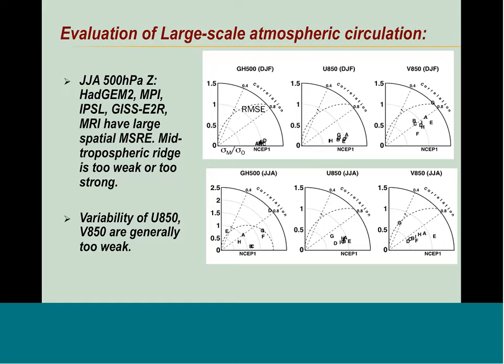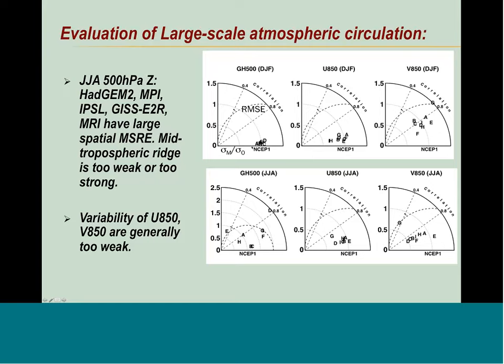As you can see, for 500 hectopascal geopotential, most models do very well during the winter months, DJF, whereas if you look at the summer, the disagreement with observation is much larger compared to winter months.